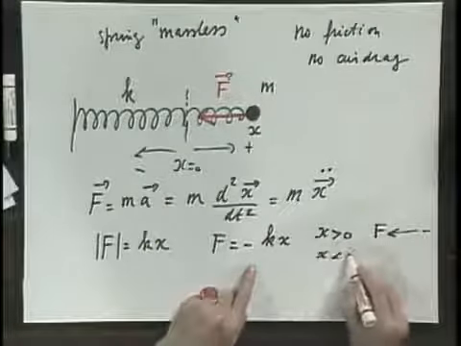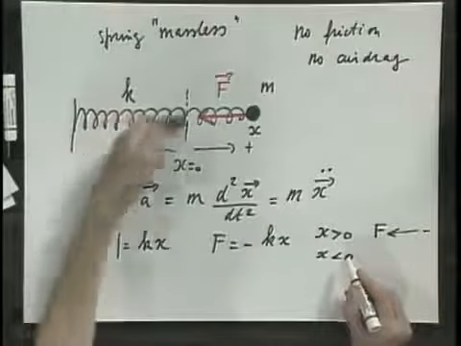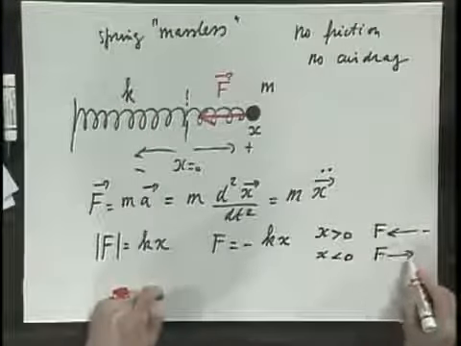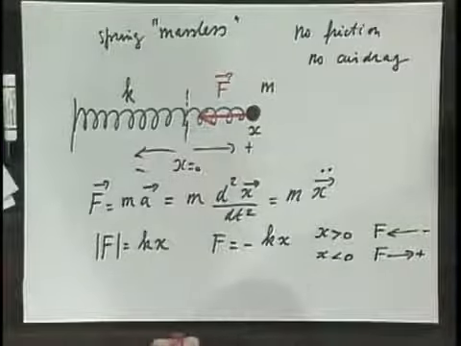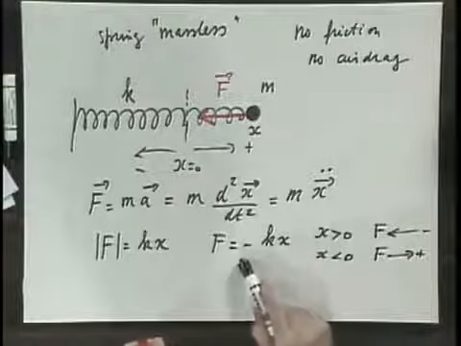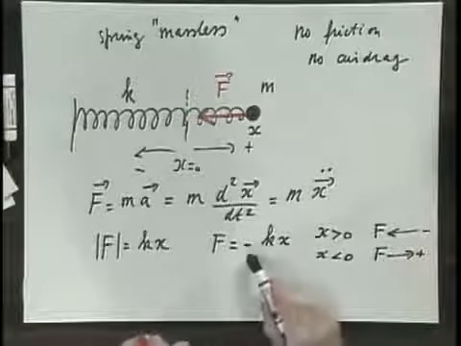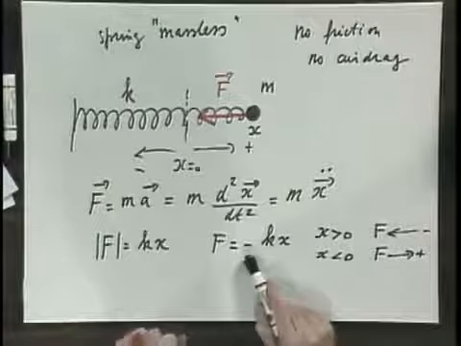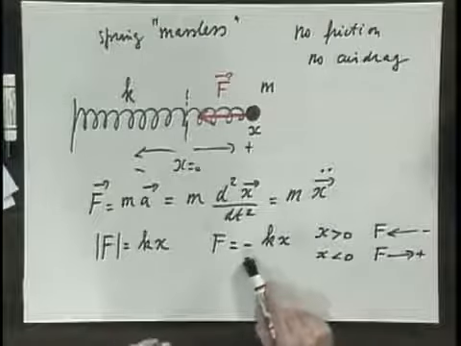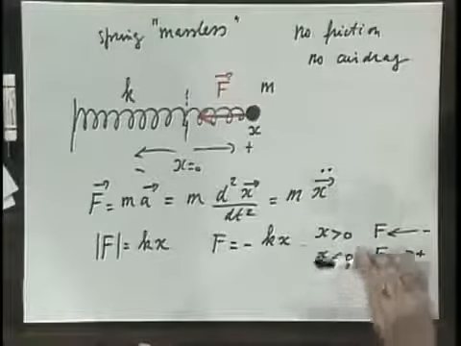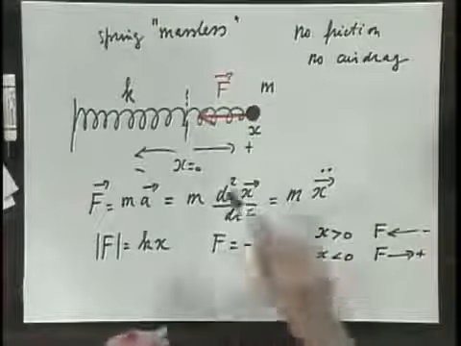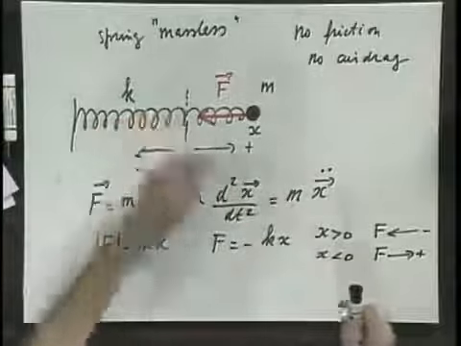And when x is negative, notice that automatically the force will be in this direction and will be positive. So this minus sign takes into account the fact that F is a vector. The minus sign indicates that there is a restoring force. If x is positive, it wants to bring it back to equilibrium. If x is negative, it wants to bring it back to equilibrium.